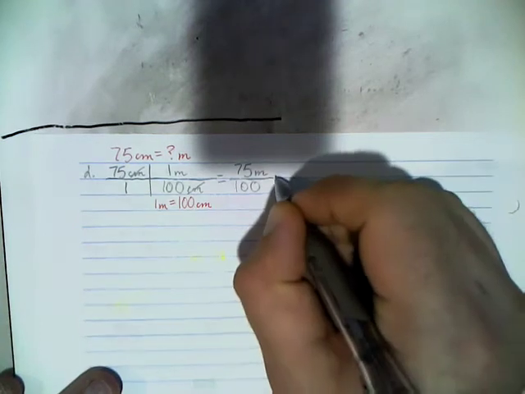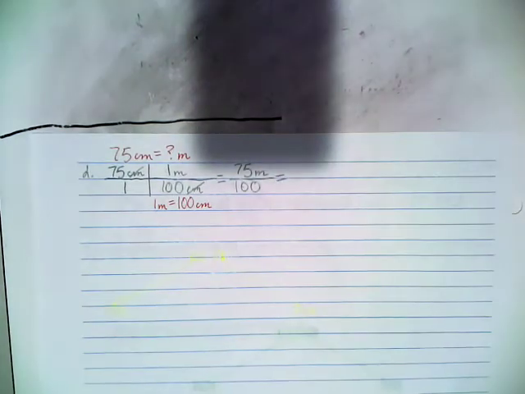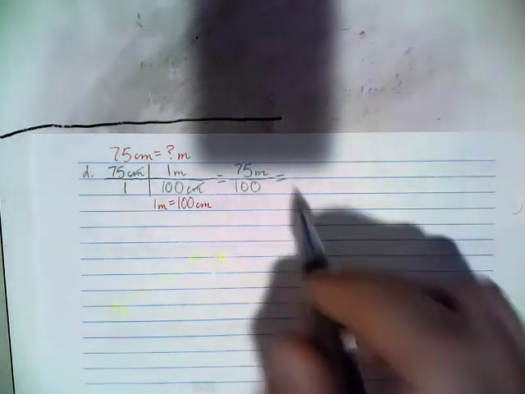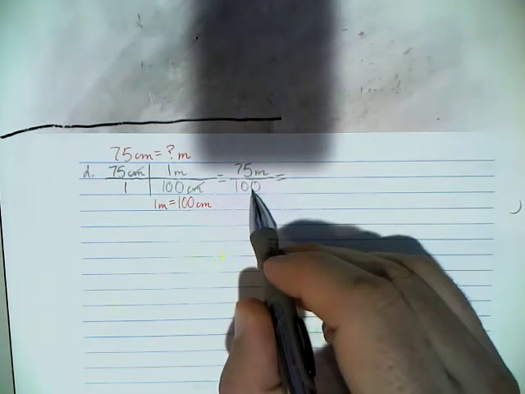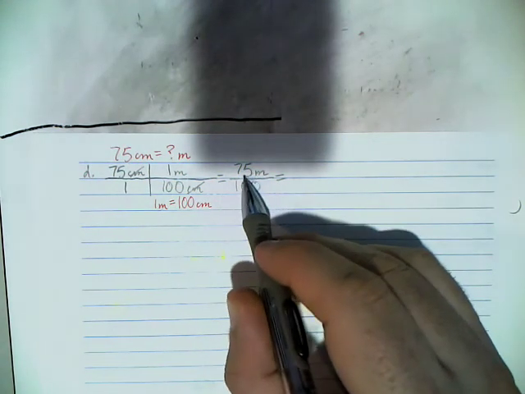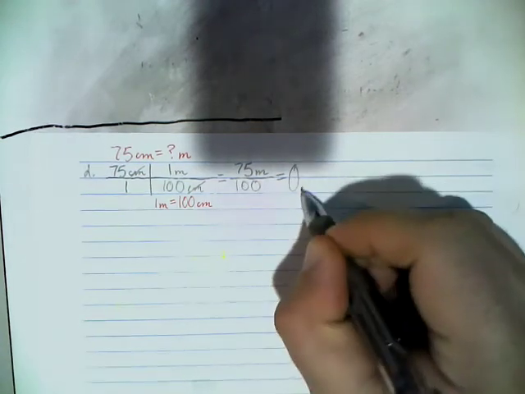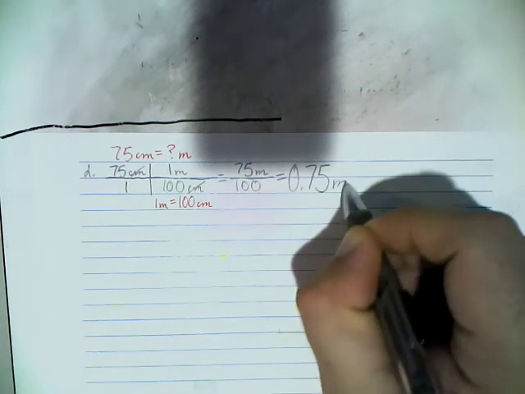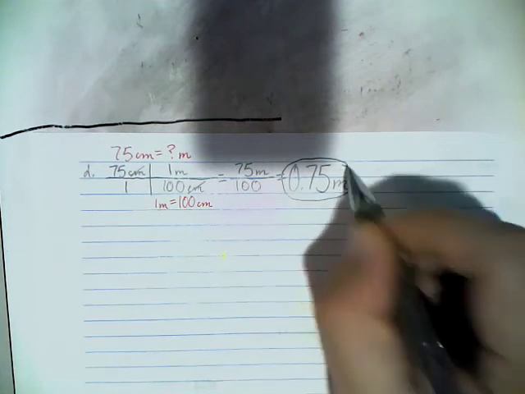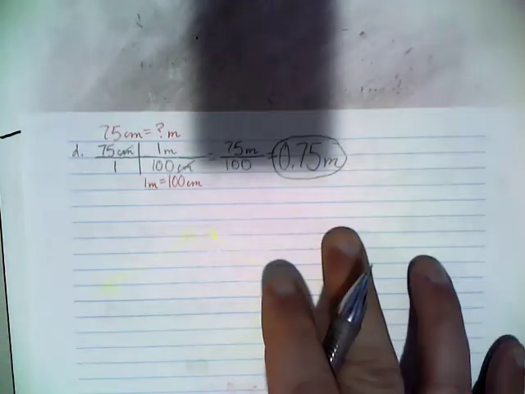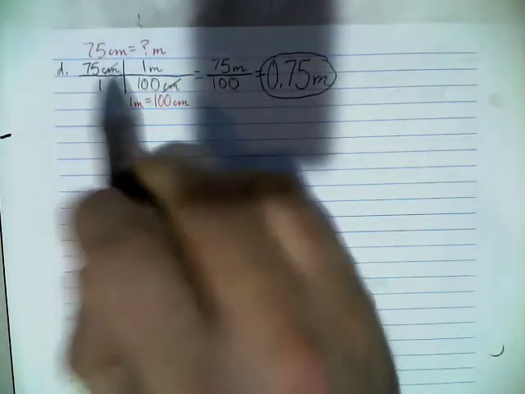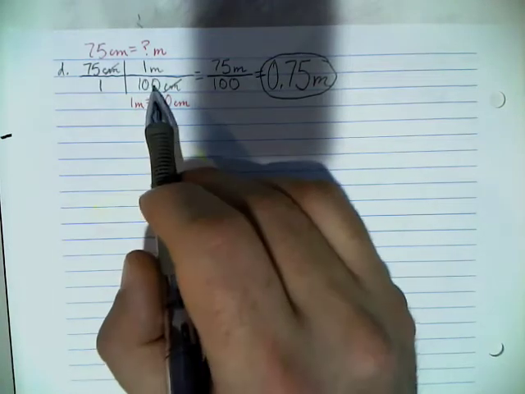To finish it off, 75 divided by 100 is actually real easy because when we divide by 100, we just move the decimal 2 times to make it smaller. So scoot that decimal over, boom, boom, 2 times, 0.75 meters. Now you may have asked yourself, but Mr. Burford, couldn't I have just reduced before multiplying? And the answer here is yes, but when you're working with the metric system, I would say don't do it.